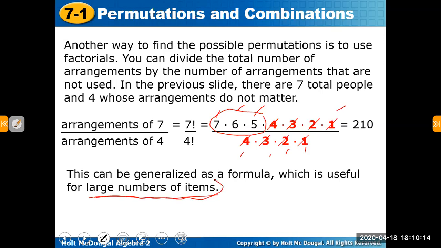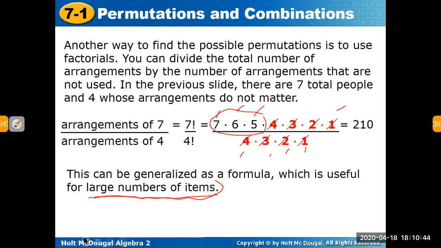So let's say I have 100 items and I have to choose 50 or 55, 57, some big numbers, we use the permutation formula rather than the fundamental counting principle. It becomes lengthy.